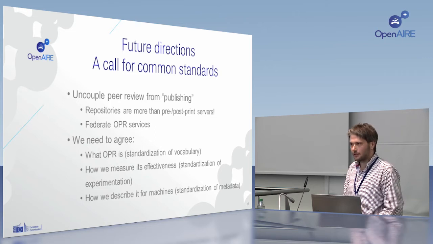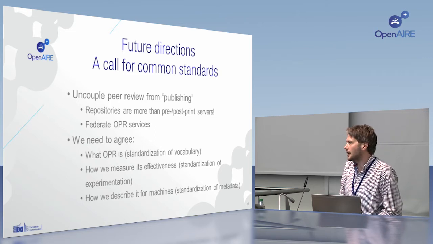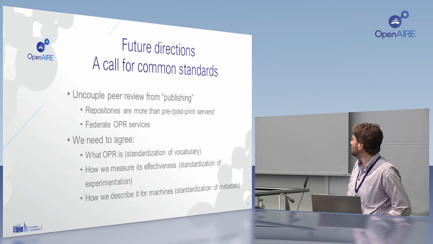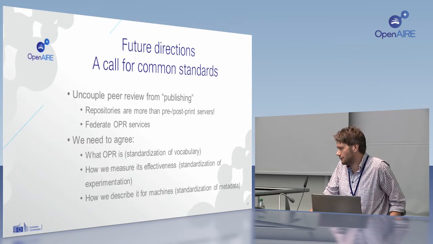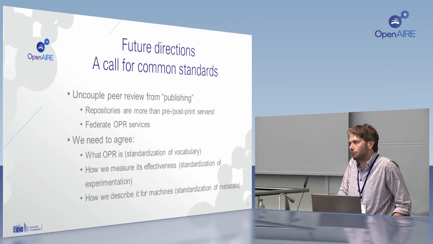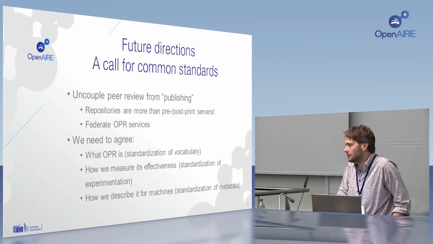So just to end, I just thought that I would give my 2 cents on where open peer review should go in future. And for me, I definitely think that we need to uncouple peer review from publishing. Peer review is another stage in the production of academic material. It's a necessary stage.